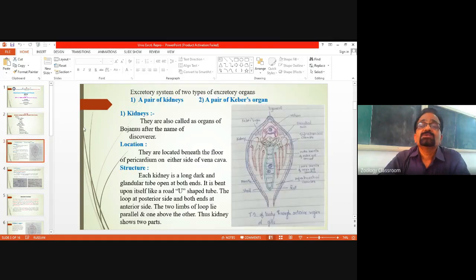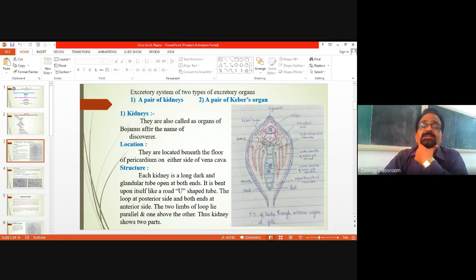So first of all, the excretory system mainly consists of two organs: a pair of kidneys and a pair of Keber's organs. The kidneys are also called organs of Bojanus.